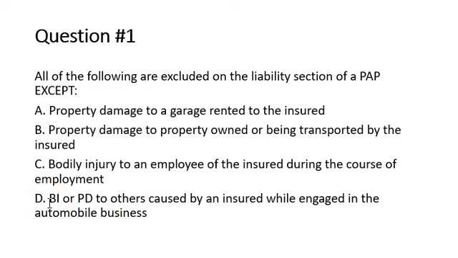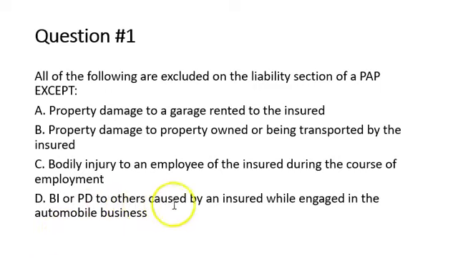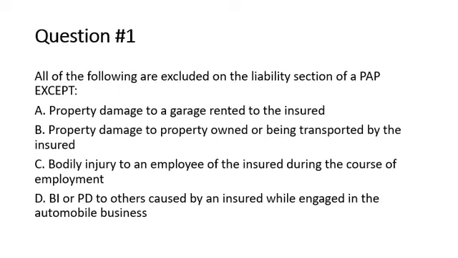But when you're taking your test, you want to try to read everything, because if you skimmed through the reading here, you would have selected D. Well, yeah, your liability will pay for bodily injury and property damage to others caused by the insured, but not while engaged in an automobile business. Let's look at the exclusions. Automobile business, that's excluded. So hopefully that helps you with this question and why A is the answer.